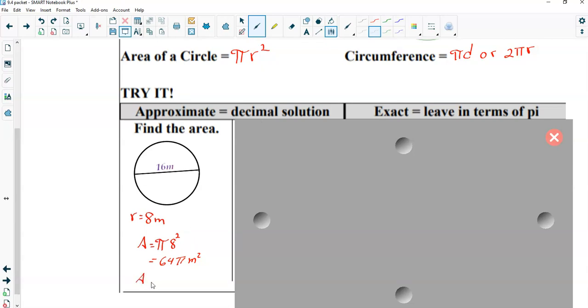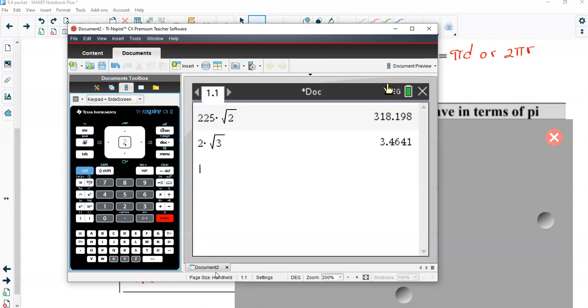Let's approximate it to the nearest tenth. So that is approximate. I go to the calculator and I put 64 and put the pi. I press enter, and it gives me that it's about 201 and 1/10 square meters.